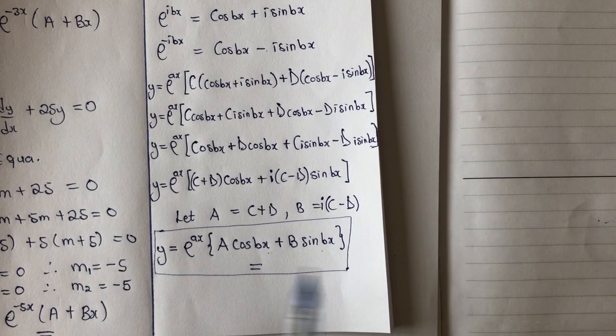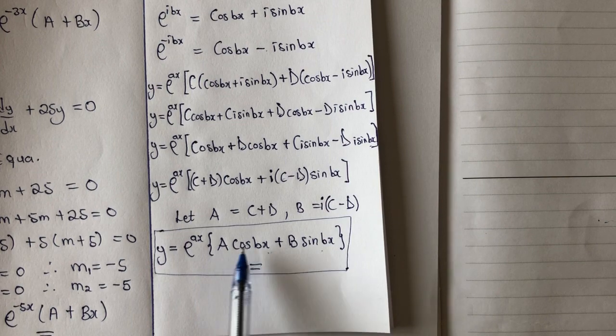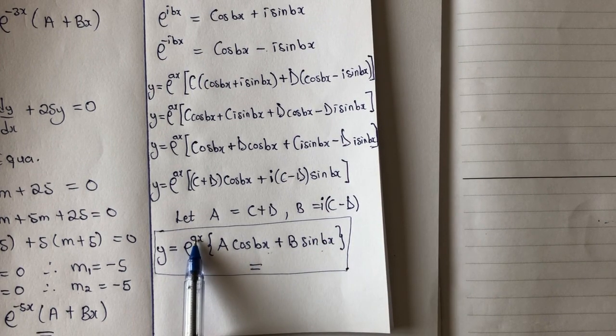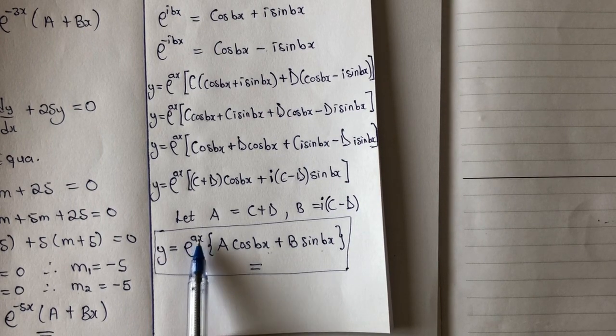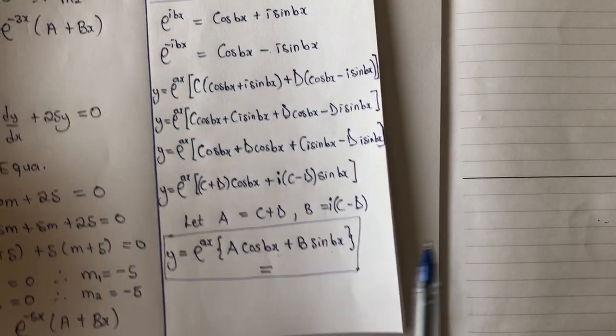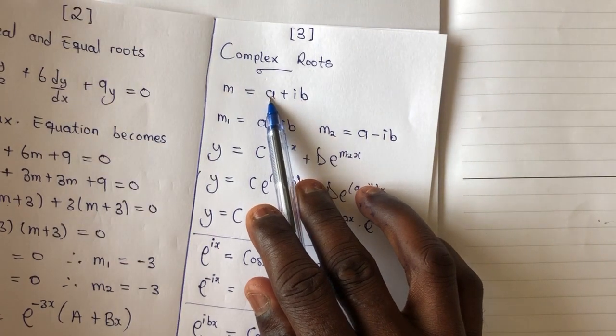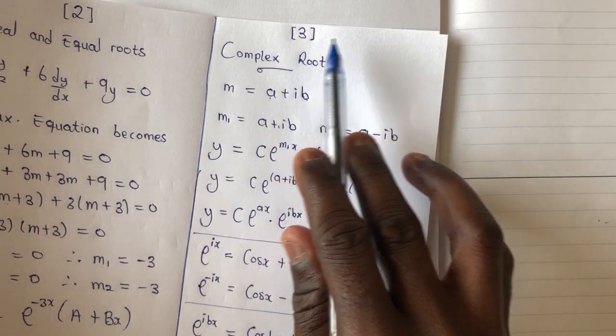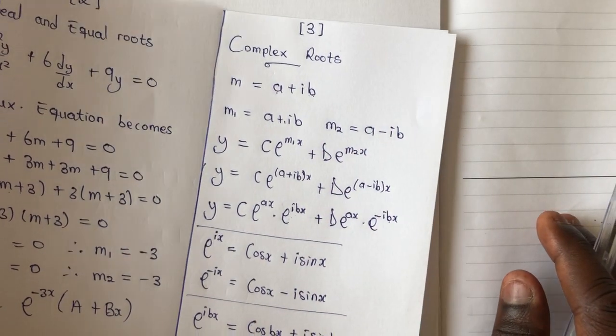And so this means that your y general will be a cos bx plus b sin bx, and you bring e outside to your real number, which is ax, where a is any number that you get for m here, and b is any number that you get for b here from the quadratic equation.